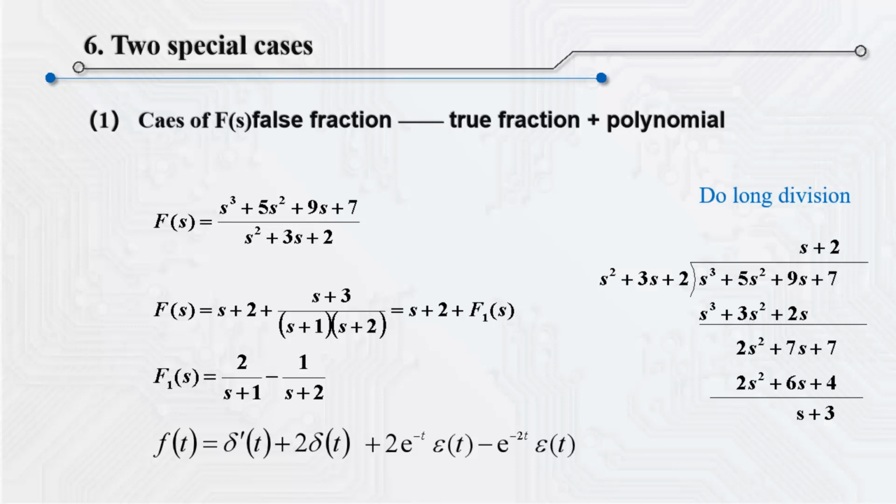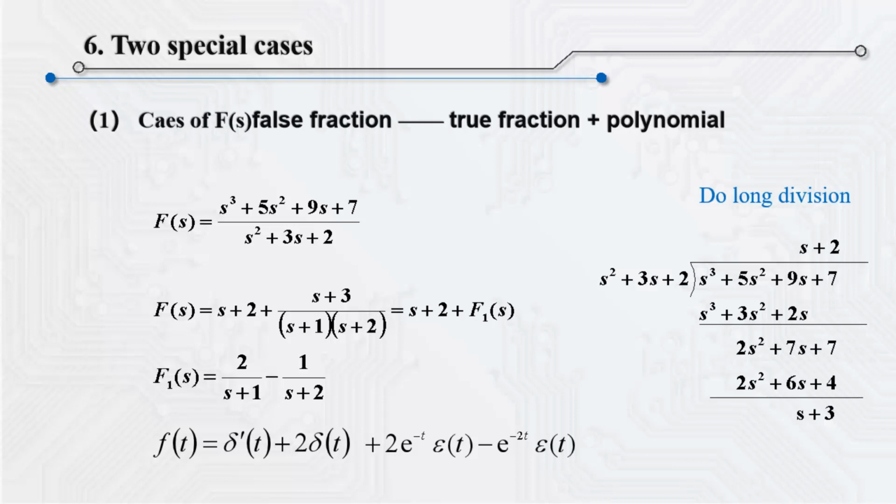Example 1. F(s) is equal to (s cubed plus 5 s squared plus 9s plus 7) divided by (s squared plus 3s plus 2). First, we make this improper fraction into a proper fraction. The method can be long division. Divide s cubed plus 5 s squared plus 9s plus 7 by s squared plus 3s plus 2.